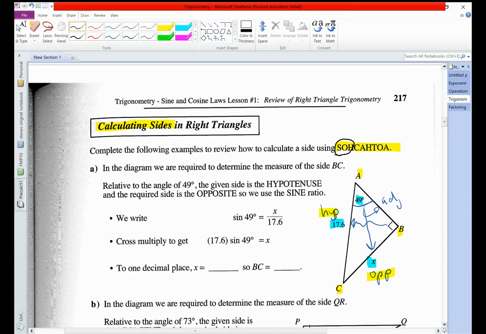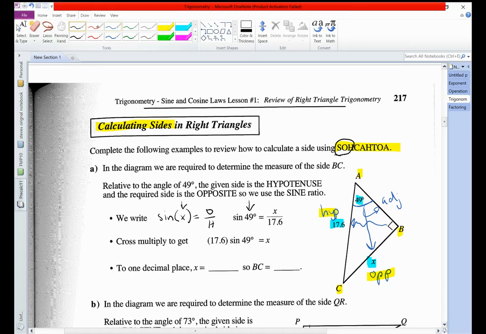So we can write our general form of our equation. Sine of X is equal to opposite over hypotenuse. And then we can fill in the information that we know. We know the angle is 49, so that actually goes into those brackets right here. And then we don't know the opposite. We'll leave it as X. And we know the hypotenuse is 17.6.